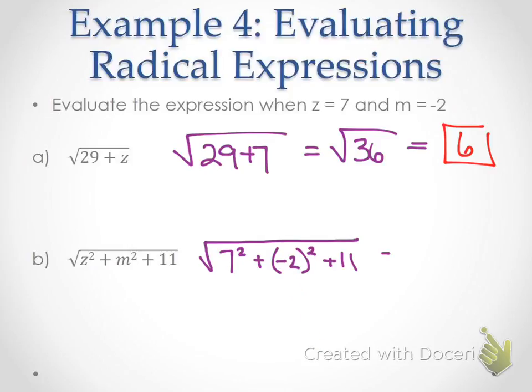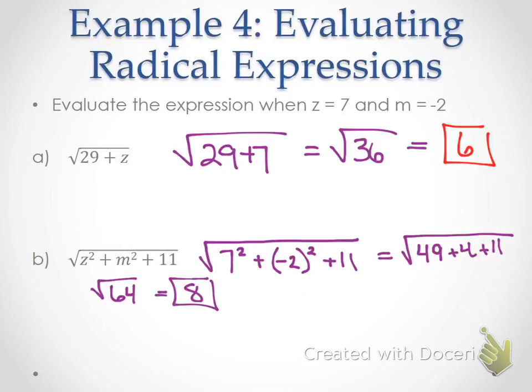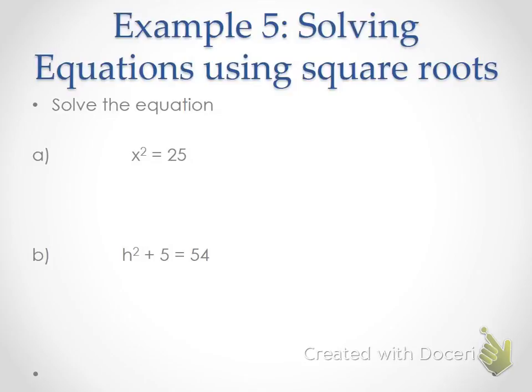And then when you square it and find the square root, you get 8. I didn't even put the negative. I got it. Okay, well, you got lucky because a negative squared is just going to be positive. So that's why you still got the right answer. All right, but you do need to make sure you have that in there. So that's evaluating radical expressions. Now let's talk about equations. Solving equations using square roots.